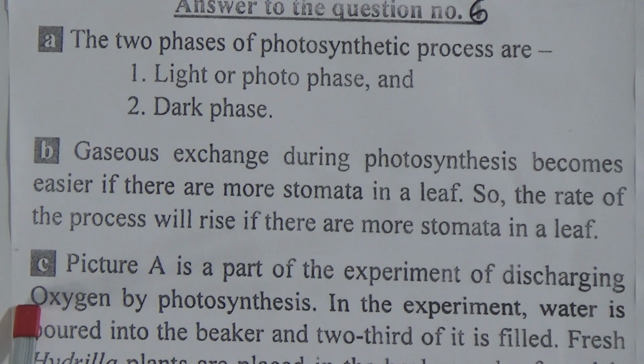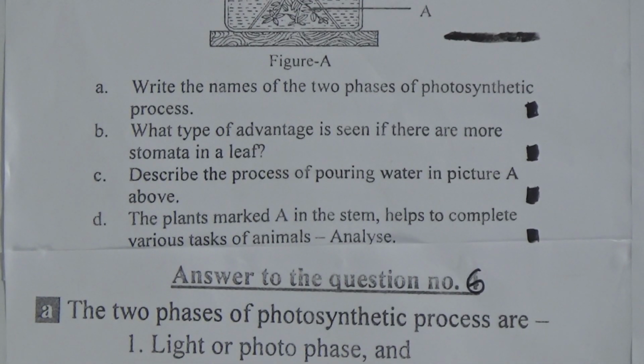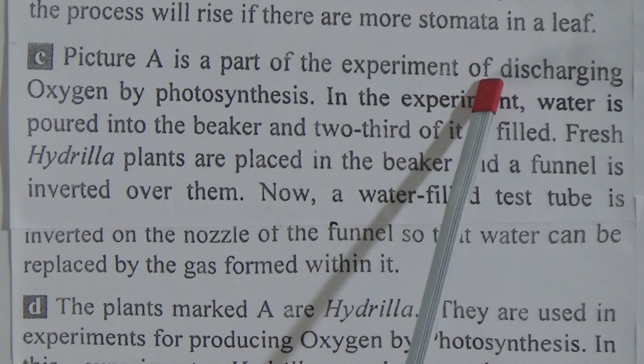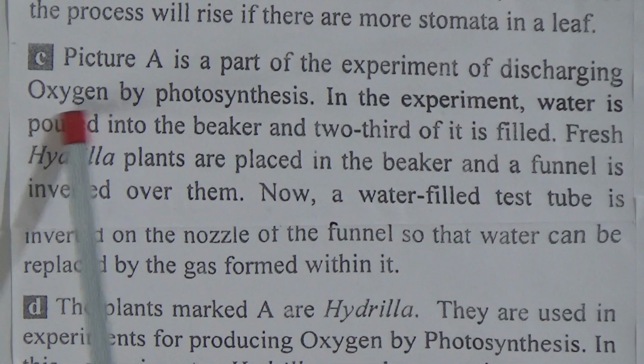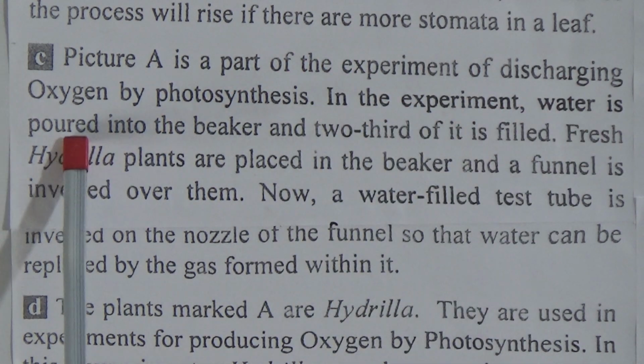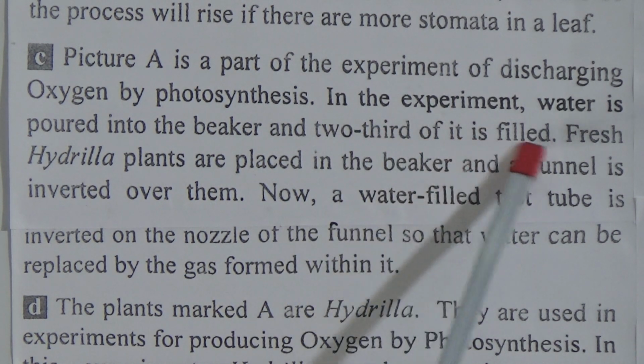Question C was describe the process of pouring water in picture A above. The answer of C is picture A is the part of an experiment of discharging oxygen by photosynthesis. In the experiment, water is poured into the beaker and 2/3 of it is filled.